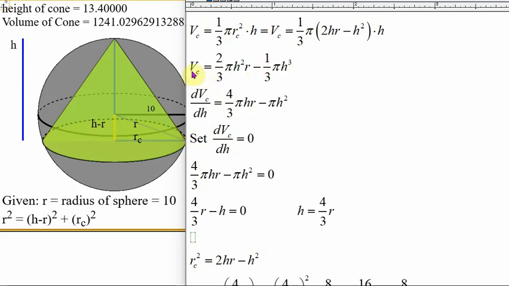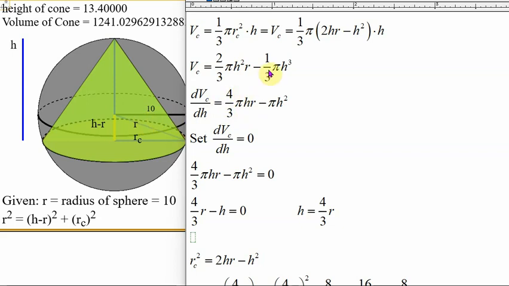And so the derivative of v sub c is going to be 4/3 times pi times hr. Here we're taking the derivative with respect to h. Recall that r is the radius of the sphere. In this case, this constant is fixed at 10.